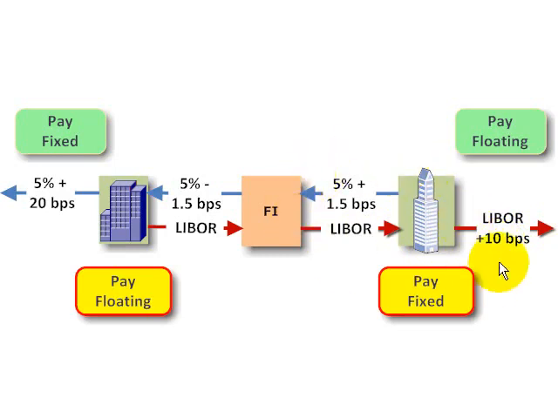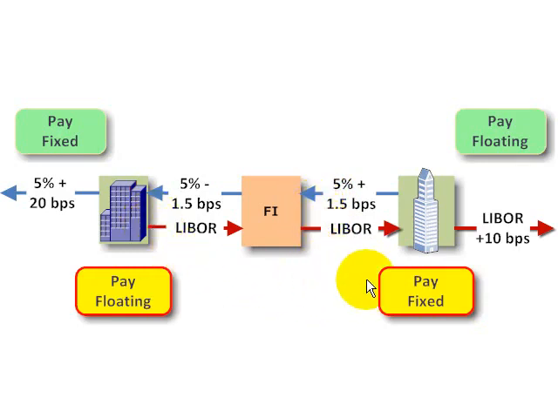And so their net exposure, really, or obligation after the swap, is now 5% plus 11.5 basis points. So they've converted a situation before the swap of paying a floating rate into a situation after the swap of their obligation is now to pay a fixed rate, 5 plus 11.5 basis points.